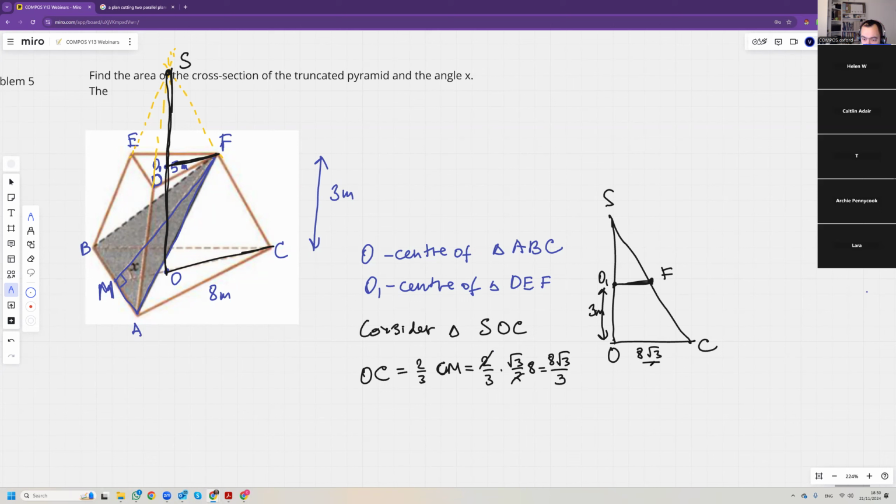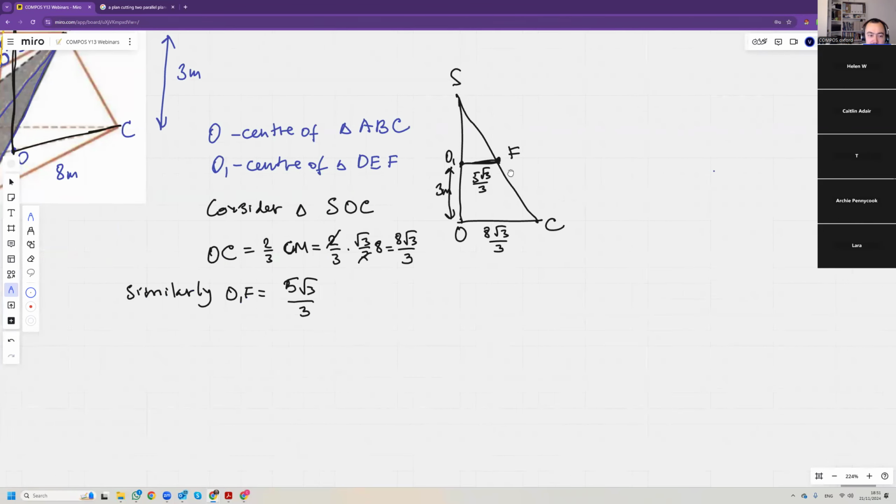And similarly, O1F is 2/3. Well, I'm just going to write down the result. So it's going to be 5 square root 3 over 3.